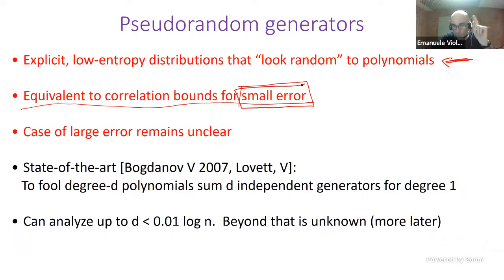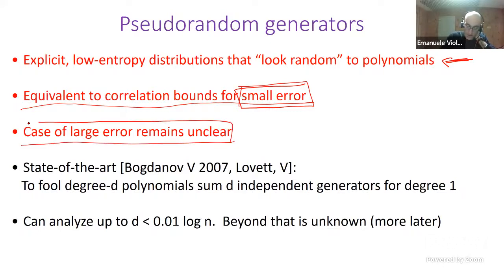I only know of the one work which connects the two, but it's only for a special class of generators. I think it's an interesting question to try to relate PRGs with constant error and correlation bounds for small error, but I don't know how to do it.